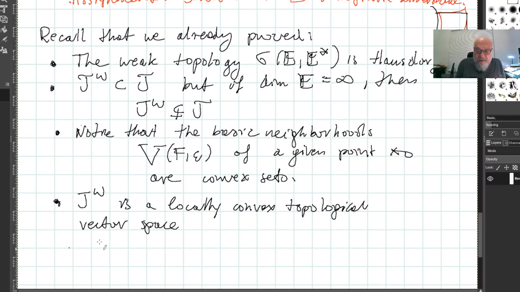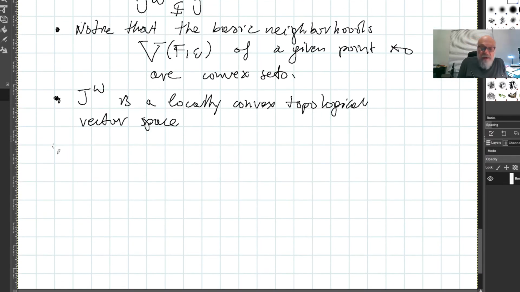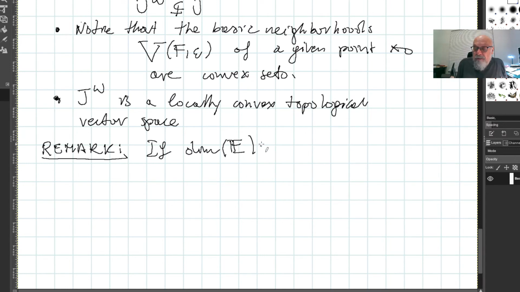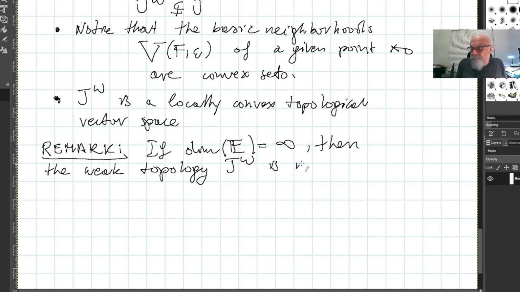And finally, an additional remark is that if the dimension of E is equal to infinity, then the weak topology tau_W is not metrizable.